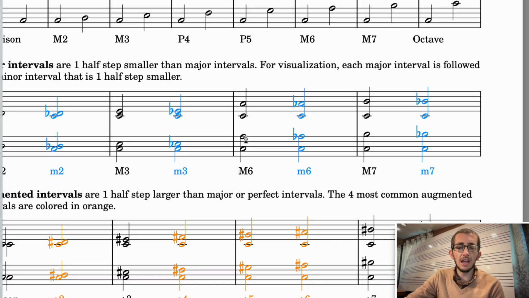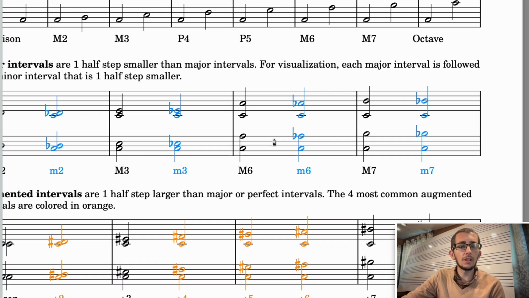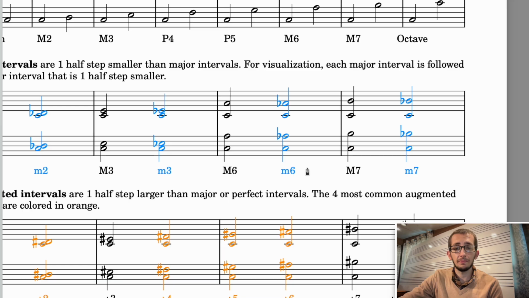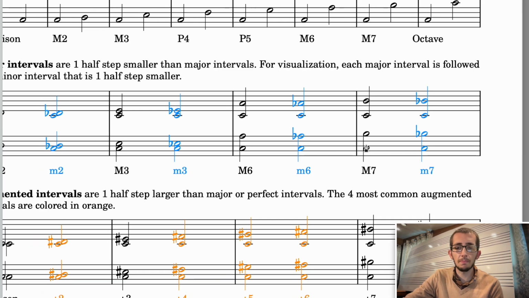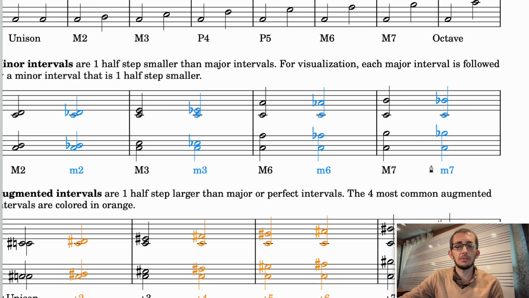And then C to A is our major sixth. What if we lower that A by a 1/2 step? C to A flat, we get our minor sixth. And then C to B is our major seventh. Let's lower that B by a 1/2 step. We get C to B flat, and we call that a minor seventh.